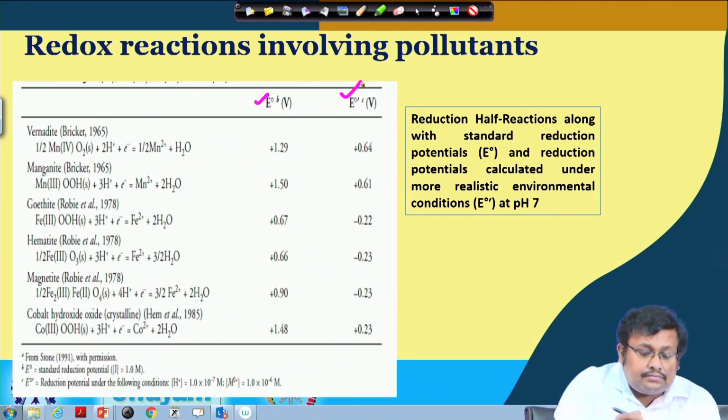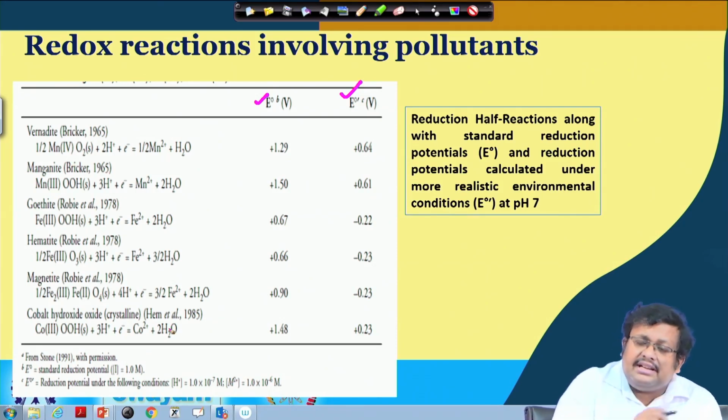It shows the reduction of Mn4+ to Mn2+, Mn3+ to Mn2+, Fe3+ to Fe2+, one is goethite, another is hematite, and then magnetite, again Fe3+ to Fe2+, and cobalt 3+ to cobalt 2+. So, in all these cases they are getting reduced.